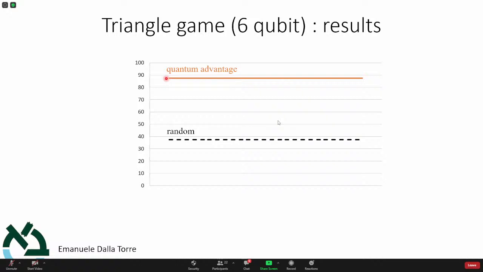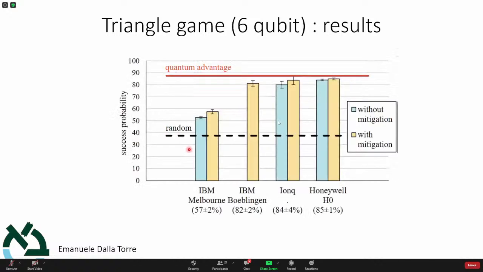So in this talk, what you will learn is that 7/8 is 87.5%. So that's the quantum advantage. If I get a result that is above the red line, then it means that the quantum computers are quantum. They're not just classical computers, they're quantum computers. If I just play randomly, I could get to 37.5%. So let me show you the results.